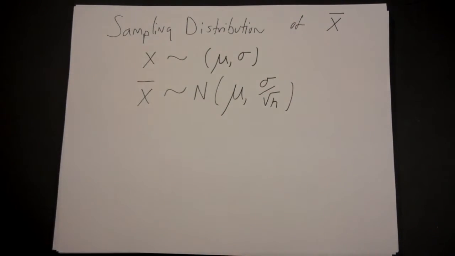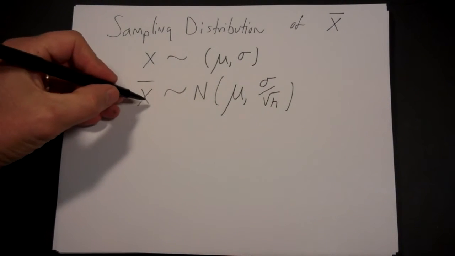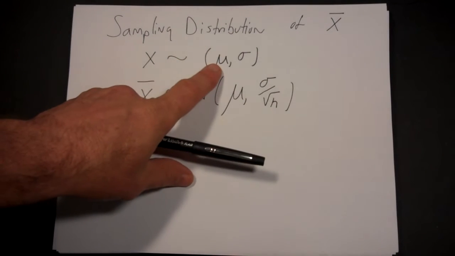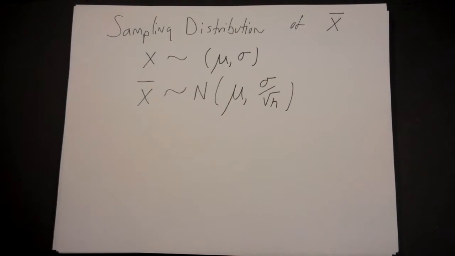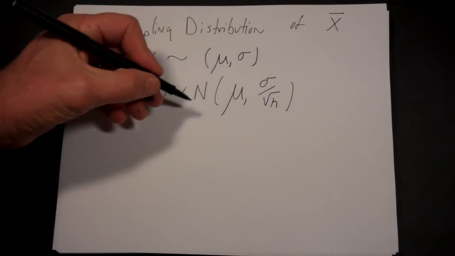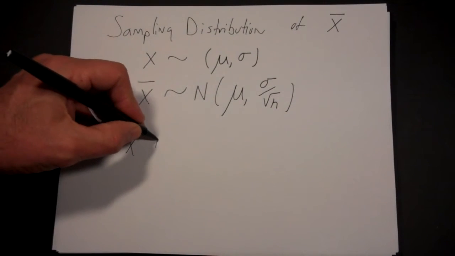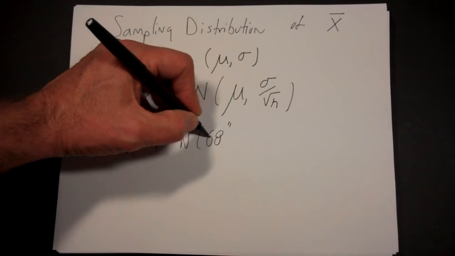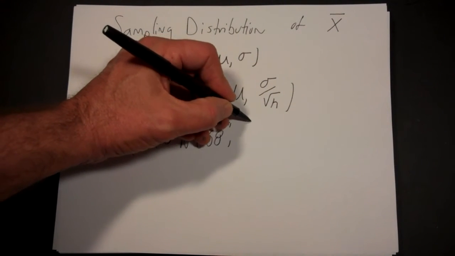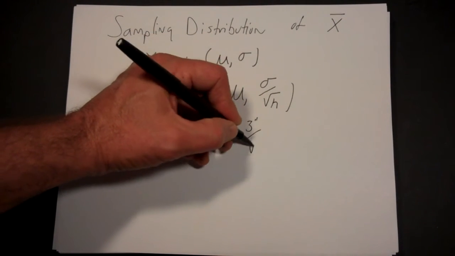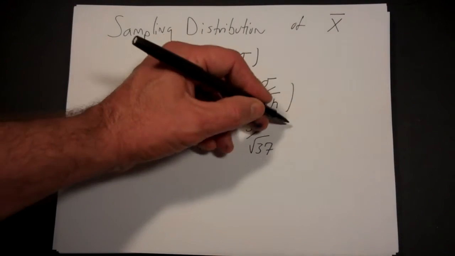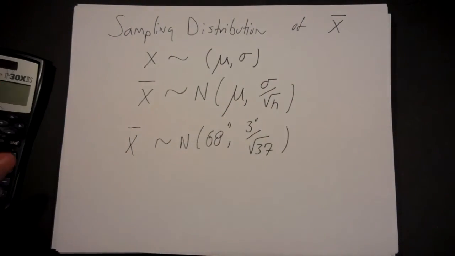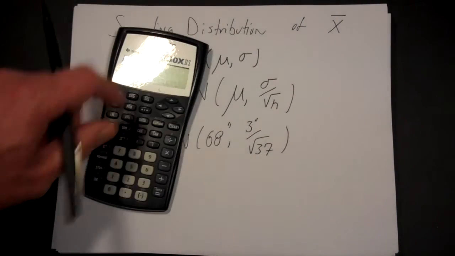So let's think about how to plug these numbers in. The mean is 68 inches, so that's the same. So x bar is distributed normally with a mean of 68 inches and a standard deviation of 3 inches over the square root of 37. Let's plug that into our calculator and see what we get. Be careful here.